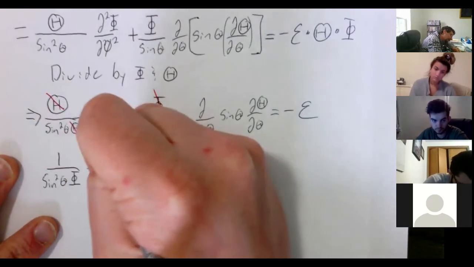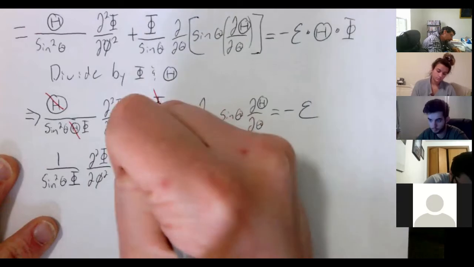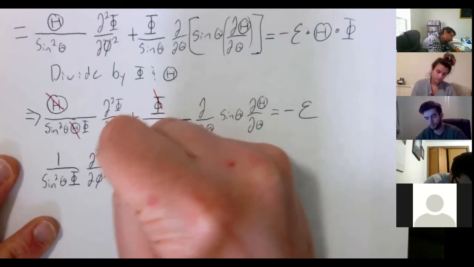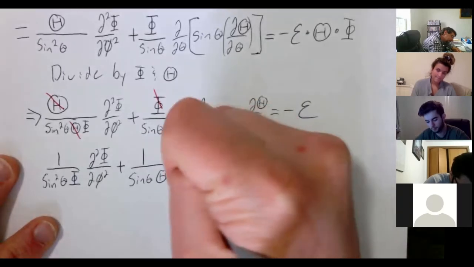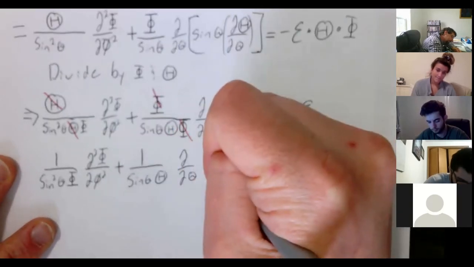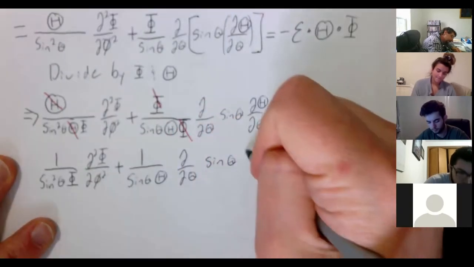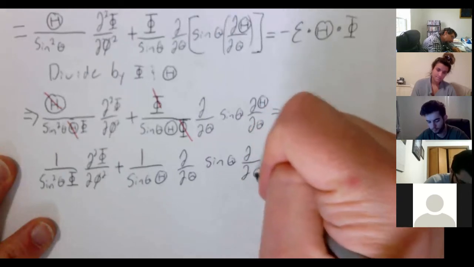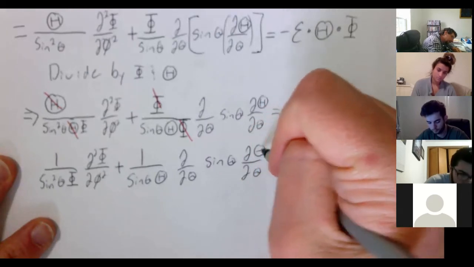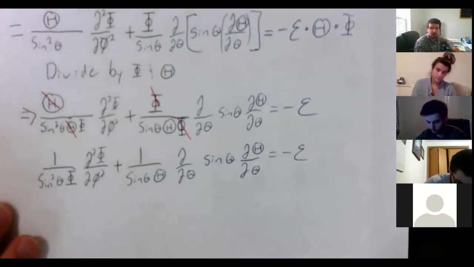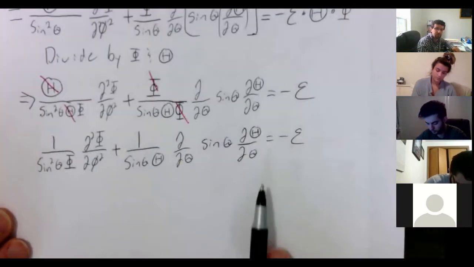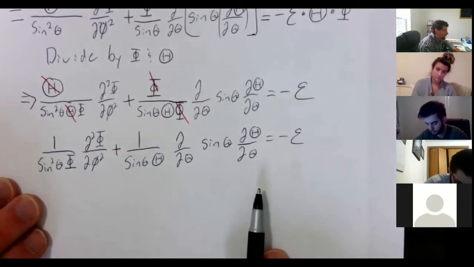Capital phi, plus 1 over sine theta capital theta, sine theta differential with respect to theta capital theta, equal to negative E.